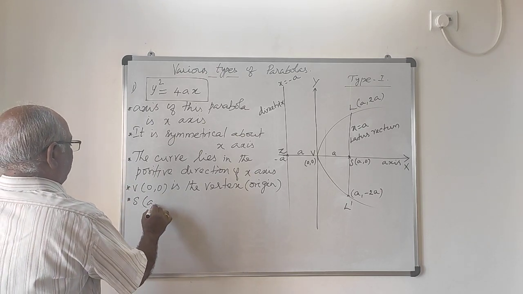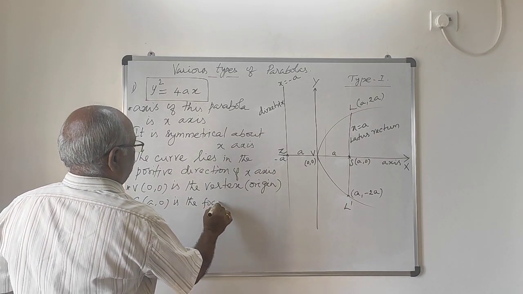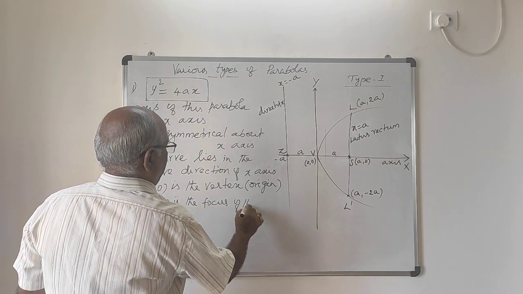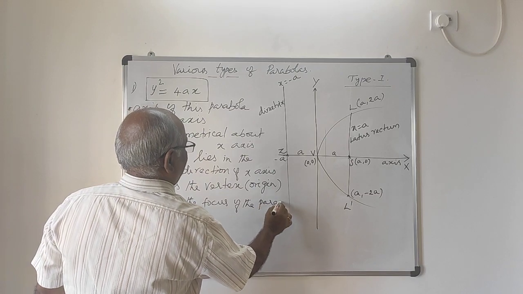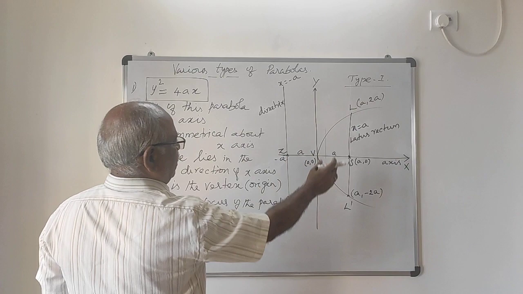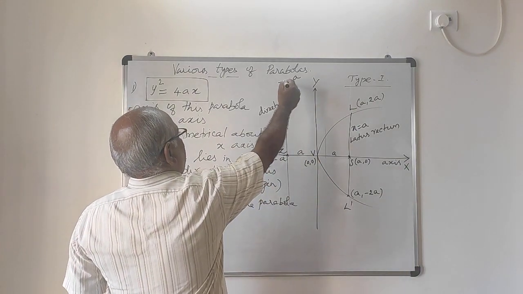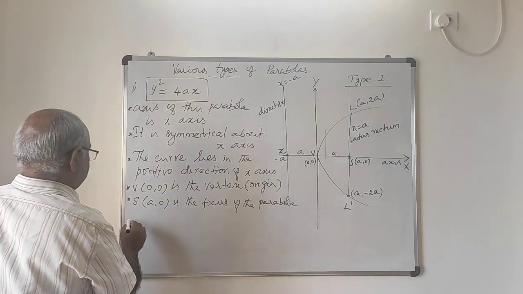(a, 0) is the focus of the parabola. x equal to minus a is the directrix.